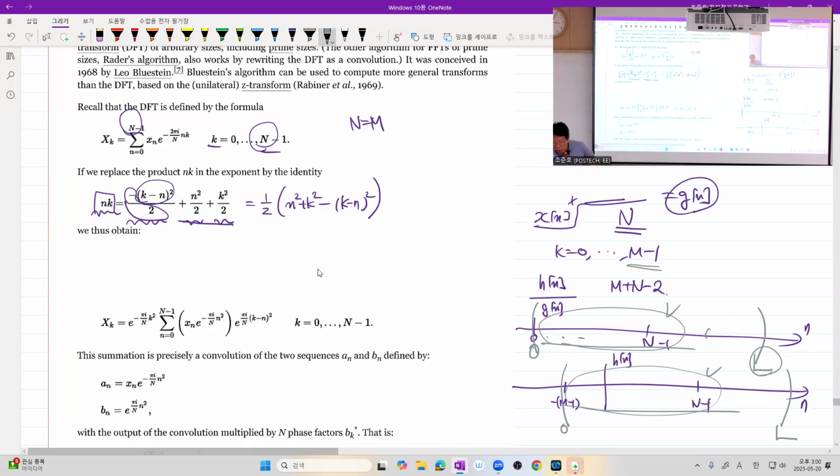So you pad a lot of zeros, and what do you do? Instead of computing the chirp Z transform directly, you perform FFT on this vector, FFT on that vector, and you multiply, and then you perform IFFT, and don't forget, you multiply this uniform chirp signal to have the desired signal, and then you discard a lot of terms.